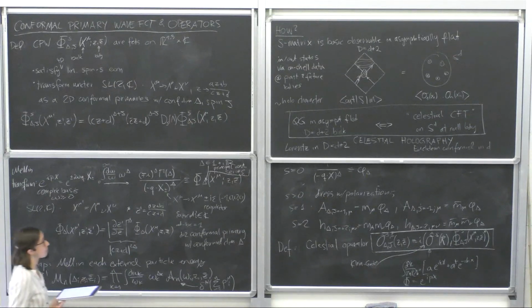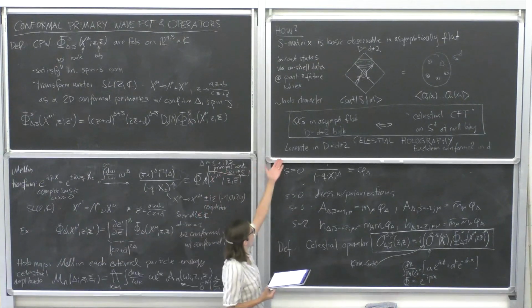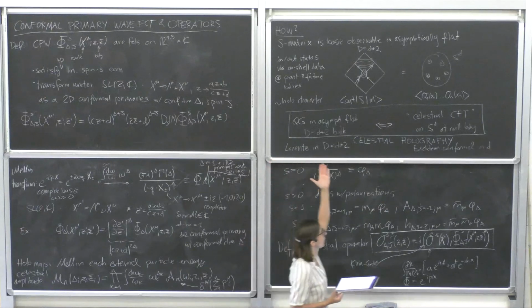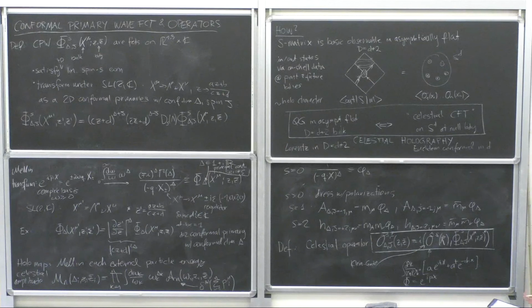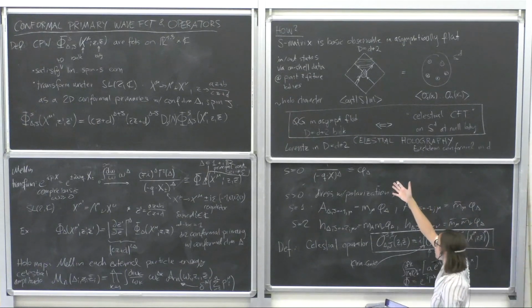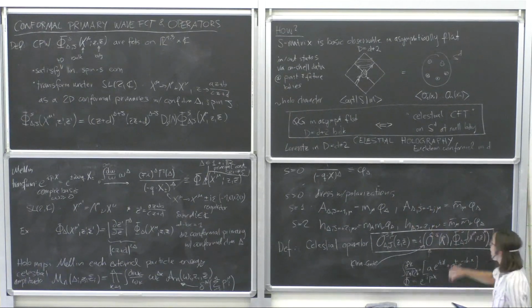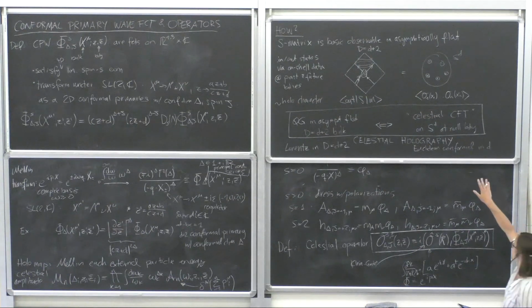Then we have seen that by exploiting the fact that Lorentz symmetry in the bulk gets mapped to the global conformal symmetry on the boundary, namely on the sphere, we made the proposal that quantum gravity in asymptotically flat space is dual to a celestial conformal field theory. I haven't said what it is yet, but let's call it like that. A celestial conformal field theory on the boundary of the spacetime, which is a codimension 2 holography proposal.